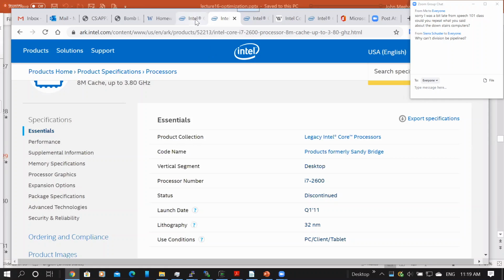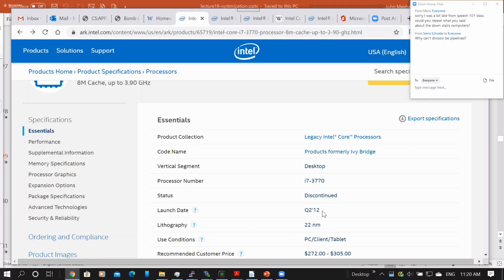And then Schofield is the one that came after the Sandy Bridge. He's an Ivy Bridge processor. So he's from around 8 years ago now. So that's the one you're doing all your labs on, an Ivy Bridge.